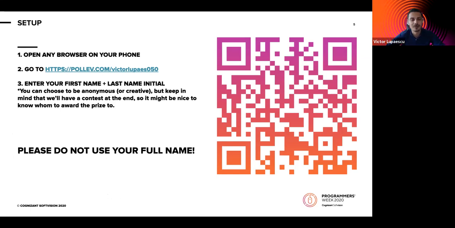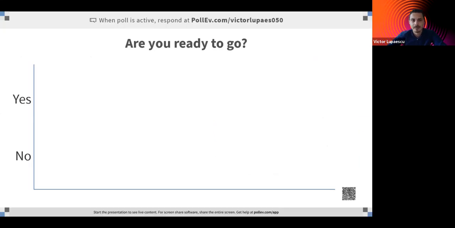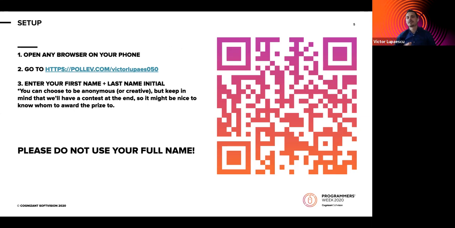We have a thing for that. I'll get into more details as we get there. We'll need a screenshot of the results from your phone. So scan the QR code or open any browser on your phone. Go to the link that is shown there, and let's get started. Let me come back to this slide so you can all scan the code or enter the link.